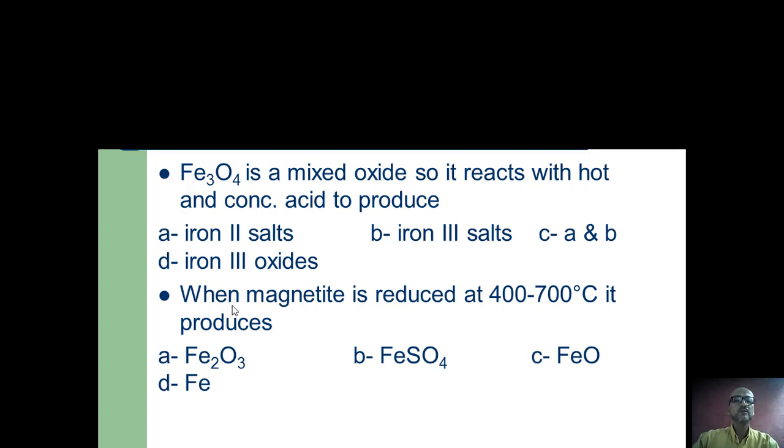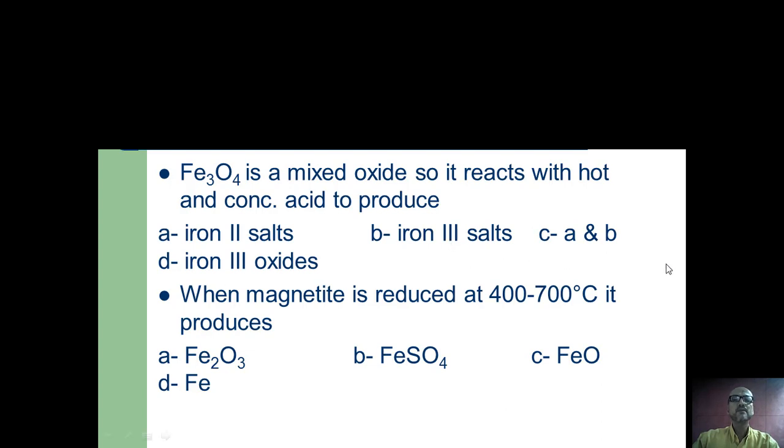Fe3O4 is a mixed oxide. What is this oxide firstly? It is a magnetic iron oxide or magnetite. So it reacts with hot and cold acids to produce: A. Iron 2 salt, B. Iron 3 salt, C. A and B, D. Iron 3 oxide.